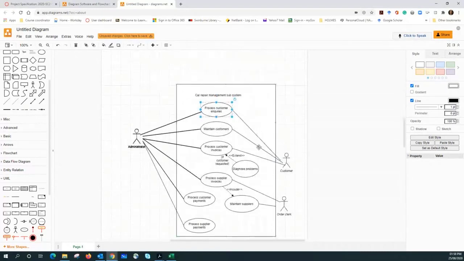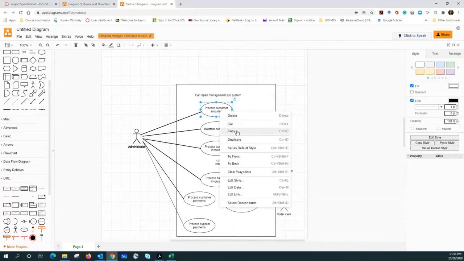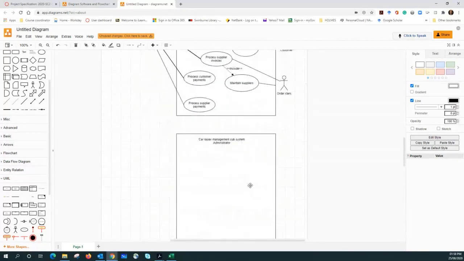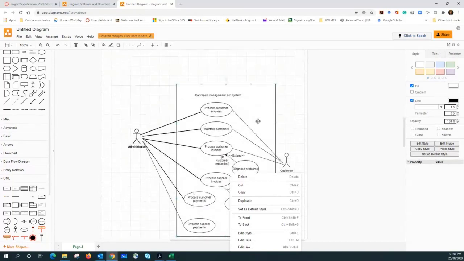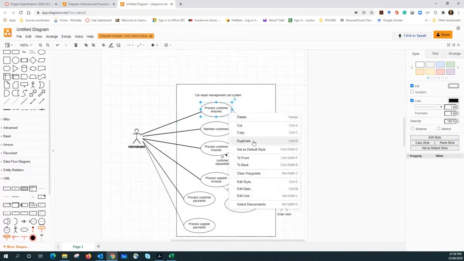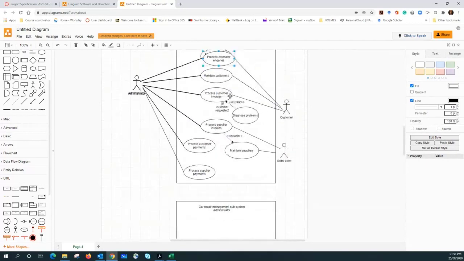Now let me do that one and show what you need to do. So I just copy paste. There is no copy paste, sorry. So I need to duplicate. Sorry.